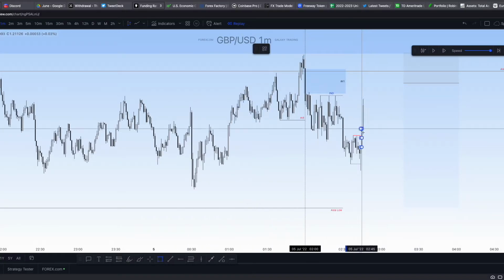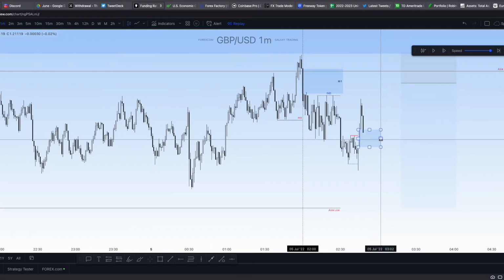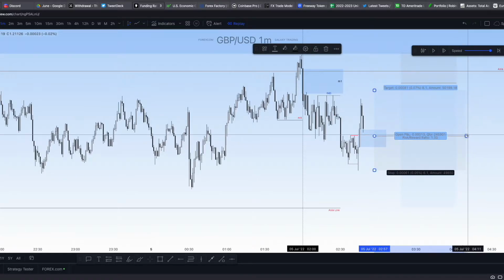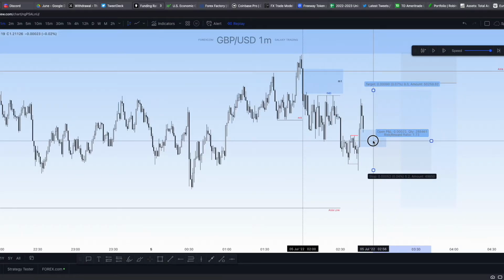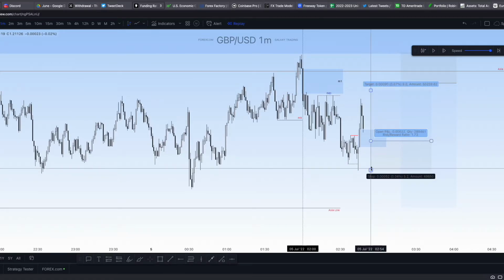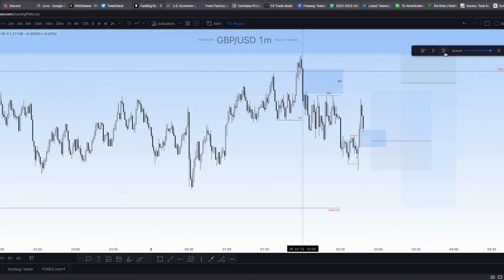So you could have entered off of this displacement right here. Could have entered off this displacement fill right here, just targeting the high there for not the best R. As you get lower, you probably could have got 1.7 going into it just because of that wick being so big. So you could have entered there.